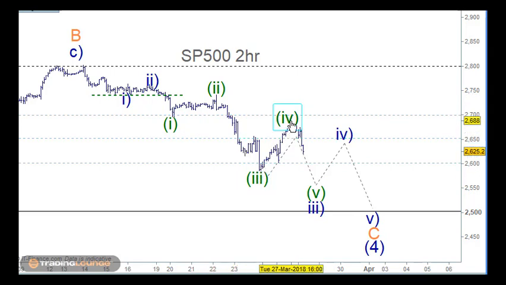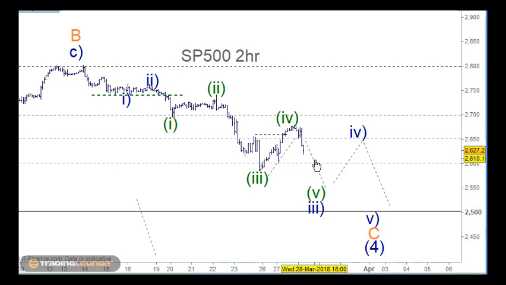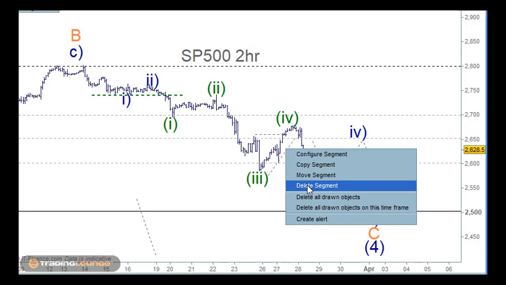Wave 4 pulled up rather high, because normally we would expect wave 4 to pull back to the wave 4 of one lesser degree, just to here, but for whatever reason it's pulled a little bit higher. Now we'll see 5 waves move down, making a new low below wave 3 here, and then wave 4, and then down further for wave 5 over here. Just clean this up a little bit.